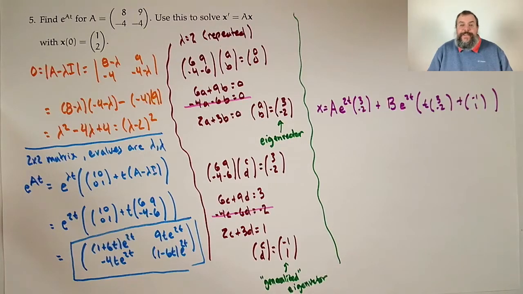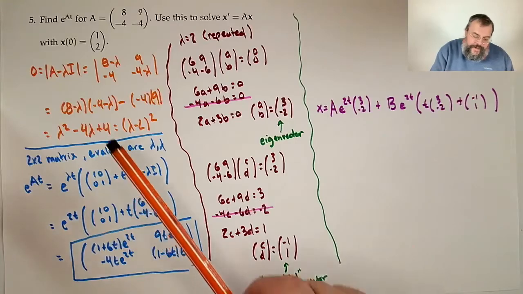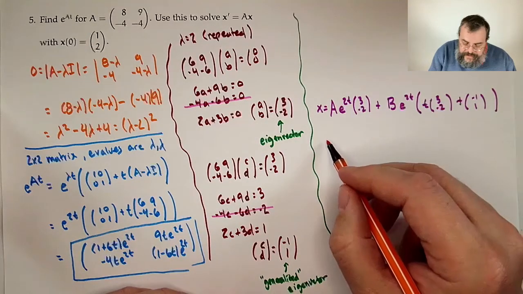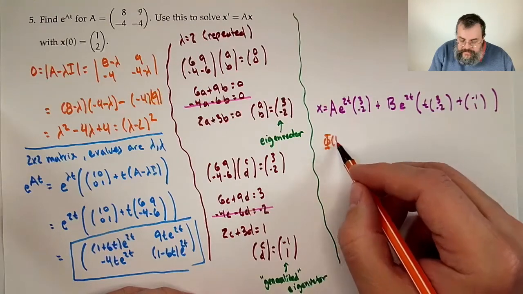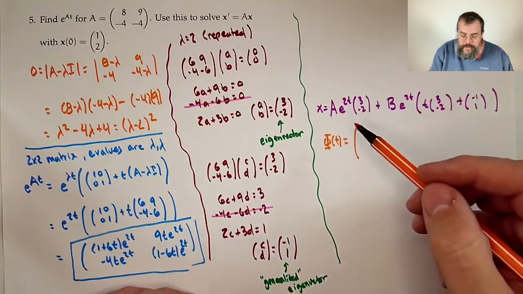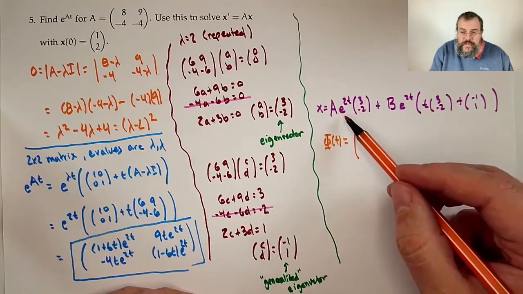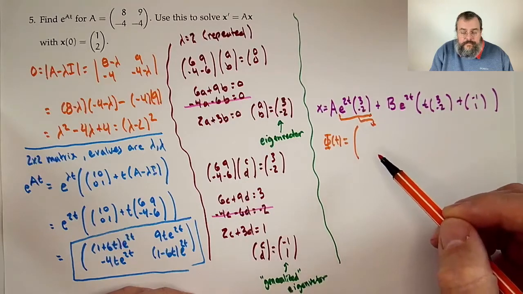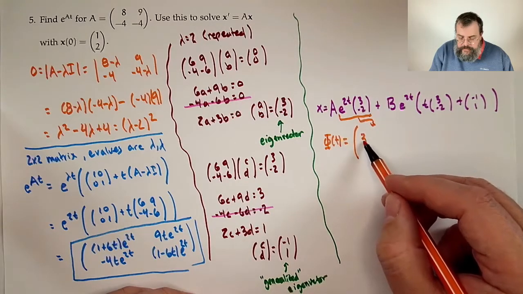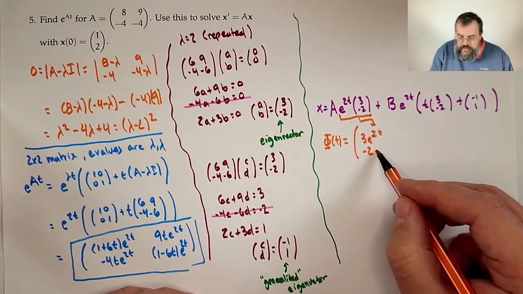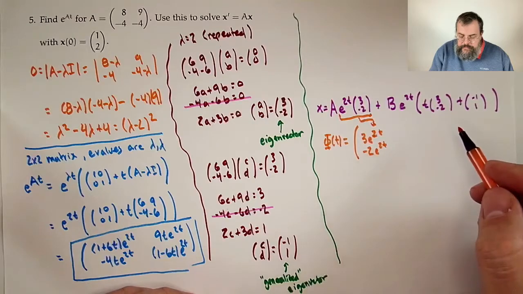Now, what comes next? Well, remember, our goal is to find e to the At. And so now we construct phi. So phi of t, well, what we do is we populate it with solutions. So this first solution will become the first column. So we're going to have 3 e to the 2t and minus 2 e to the 2t.